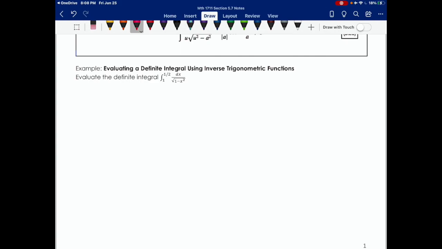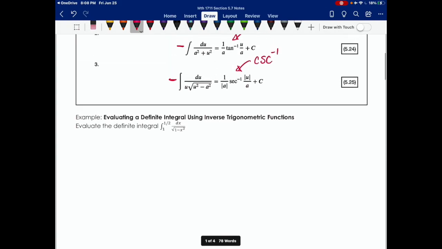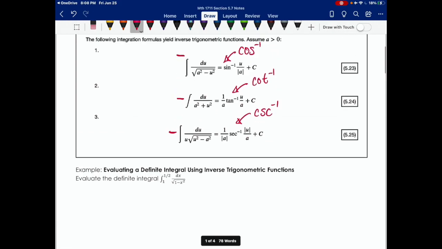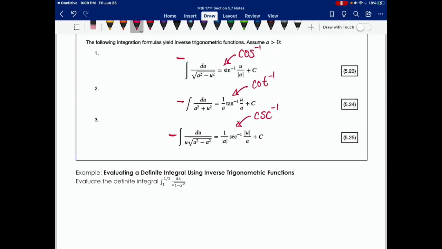Let's work through our first example. We have evaluate the definite integral from 0 to 1/2 of dx over the square root of 1 minus x squared. When we're looking at our integrals, we're looking for an integral that has a square root in the denominator of something squared minus something squared.